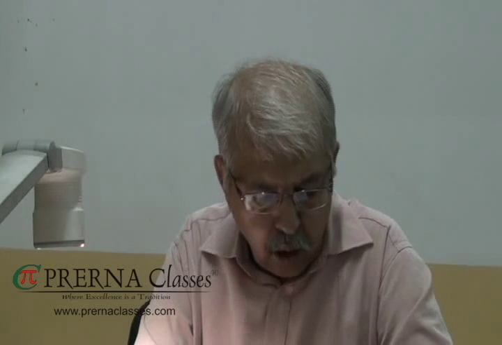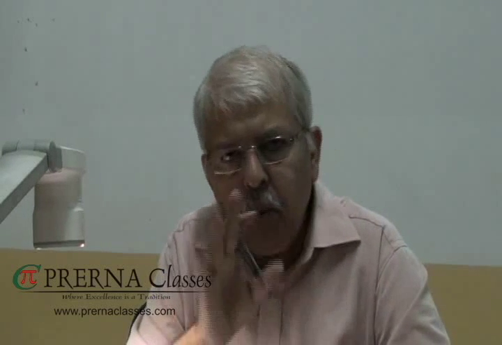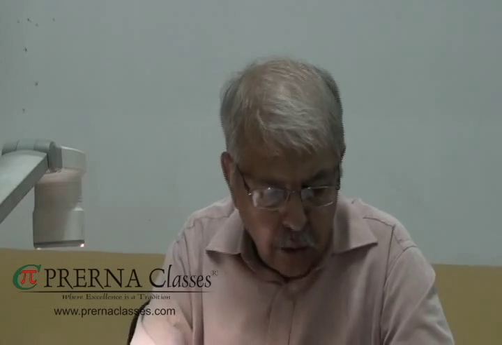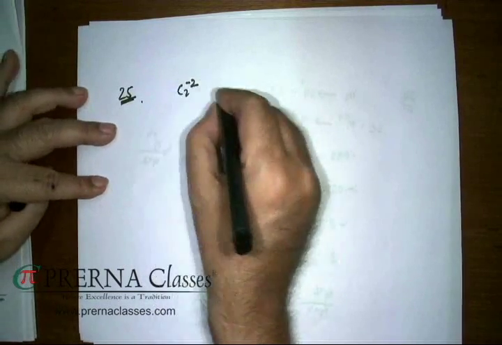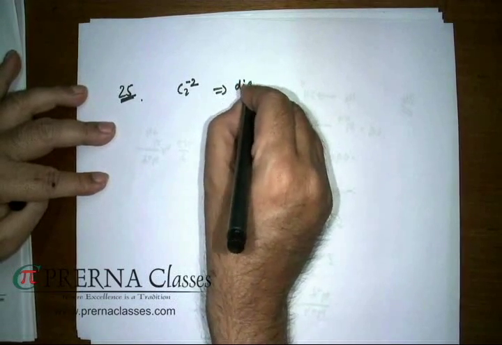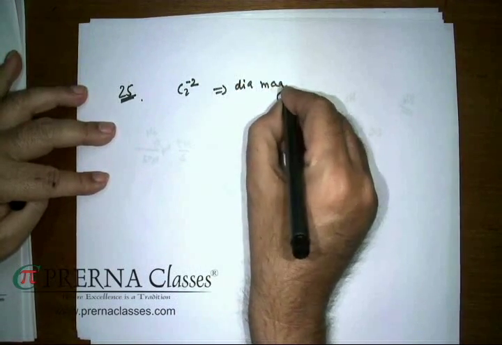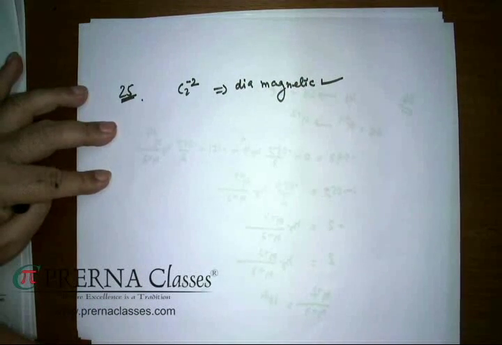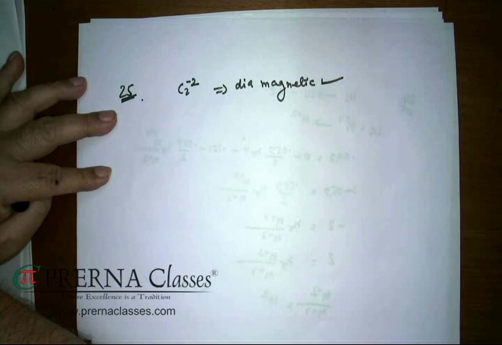Question number 25. That's the multiple option. Now according to molecular orbital theory, C2 minus 2 is expected to be diamagnetic. Which is the correct statement? O2 plus 2 is expected to have a longer bond order than O2, which is incorrect.